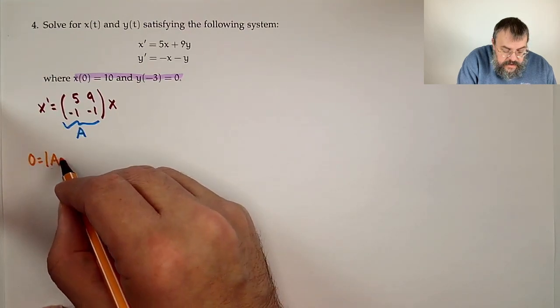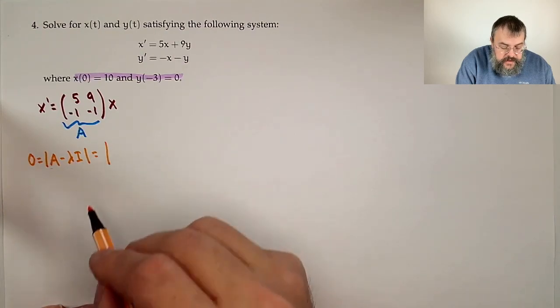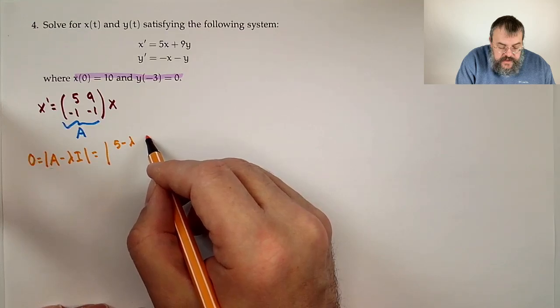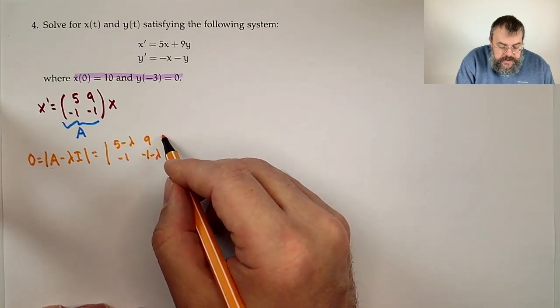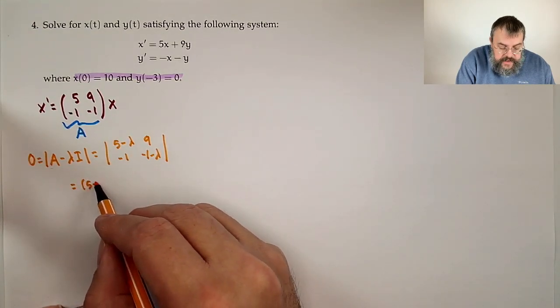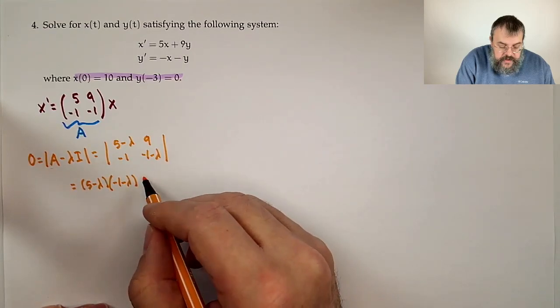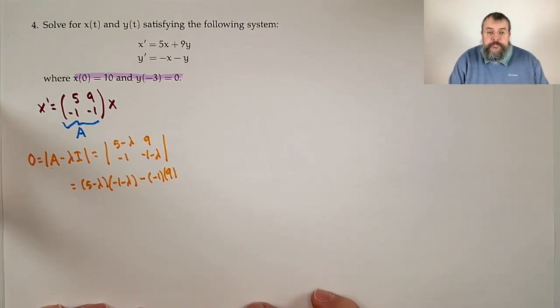So that's the determinant of 5 minus lambda, 9, minus 1, minus 1 minus lambda. So that's 5 minus lambda times minus 1 minus lambda, subtract minus 1 times 9.